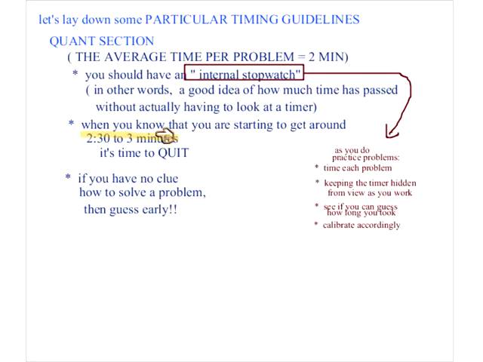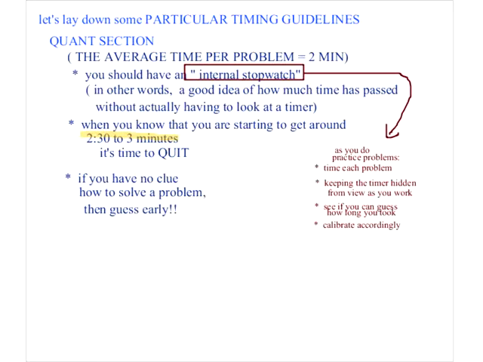There's two ways to do that. First way to do it is to have a problem that you get fairly quickly and you solve and you're done with it. That will occasionally happen. The other way to do it is to get a problem that you have absolutely no idea what is going on. Or you try doing some work and it hits a dead end. If you get something like that, don't stare at the problem for the full 2 minutes or even for the full 3 minutes. Just guess.